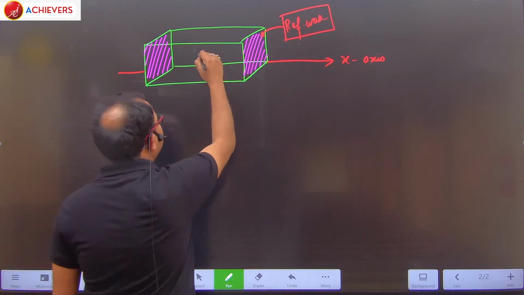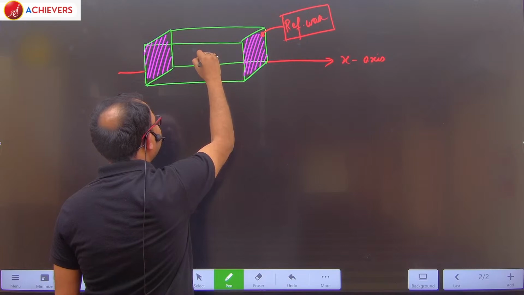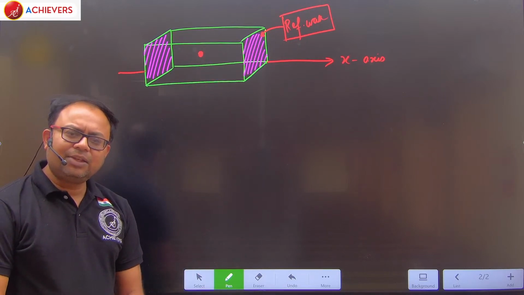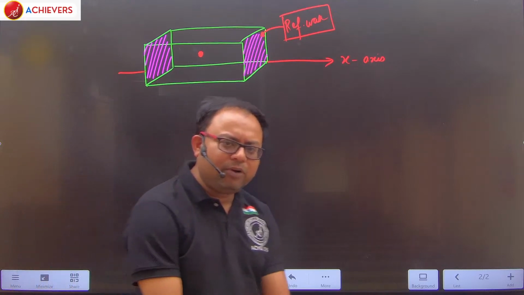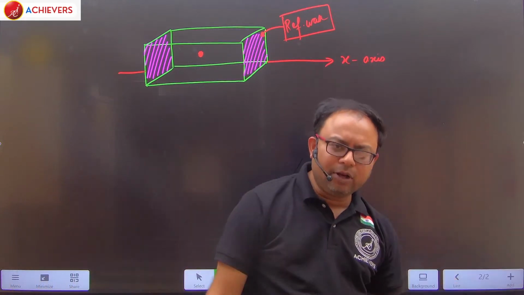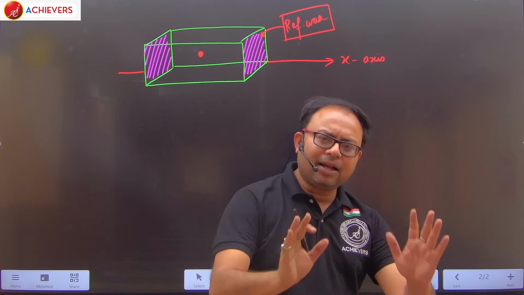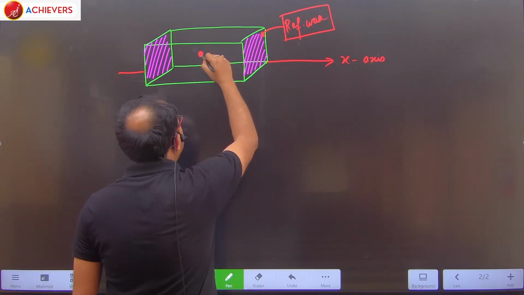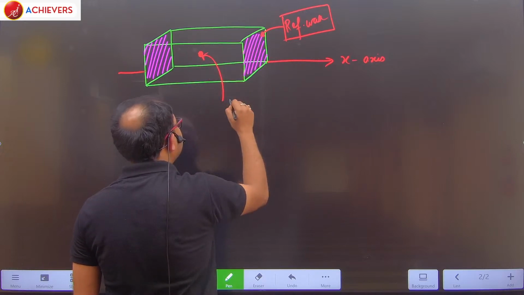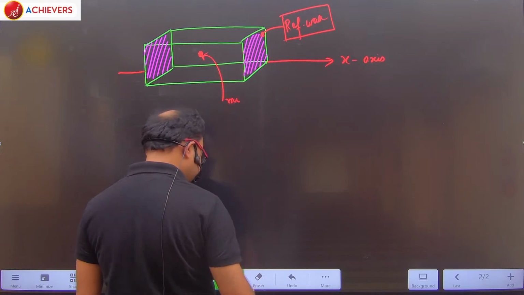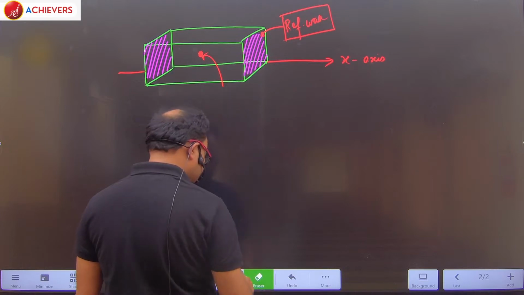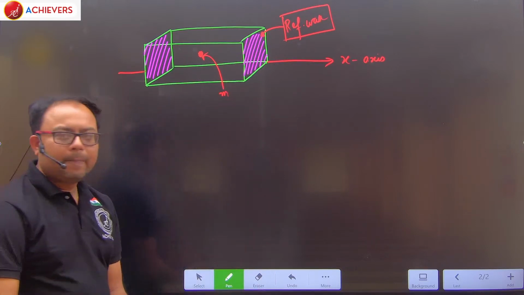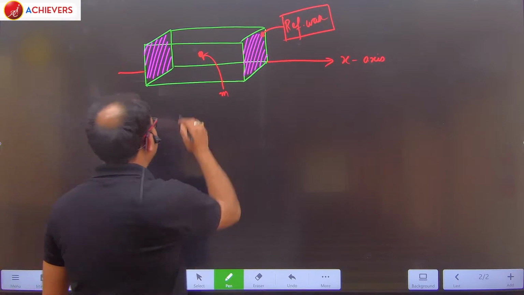Now you have got a gas molecule over here. You have numerous gas molecules inside the container, but we are considering a single gas molecule whose mass is m. And one more thing has to be considered.